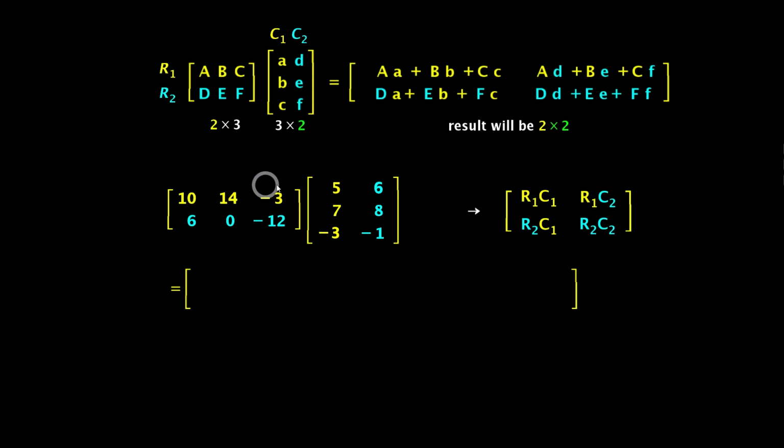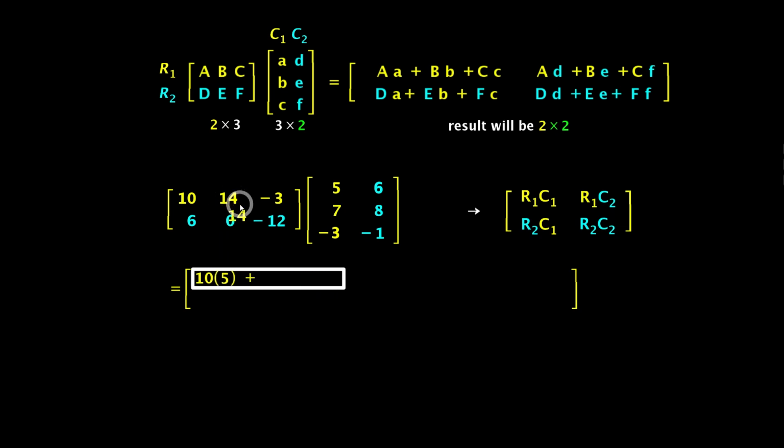Pick this number and this number, A, or row 1, column 1, row 1, column 1. Multiply them. Take the 10, take the 5, put them under the multiplication sign. It has to be addition, right? So our goal is to have a complete term over here, like row 1, column 1. The next one is going to be, the reason we put positive is because they have to get simplified.